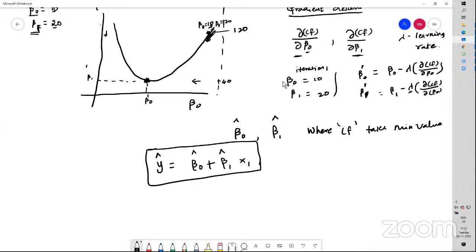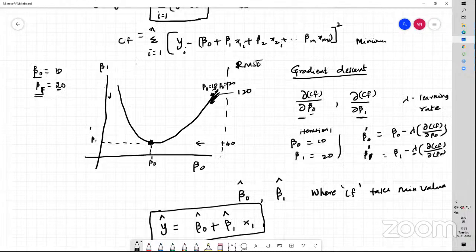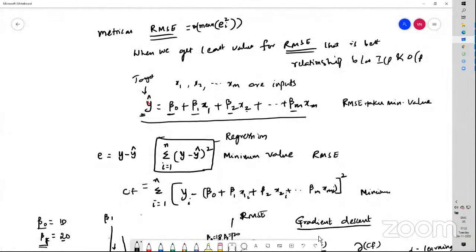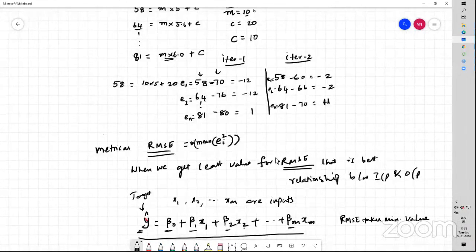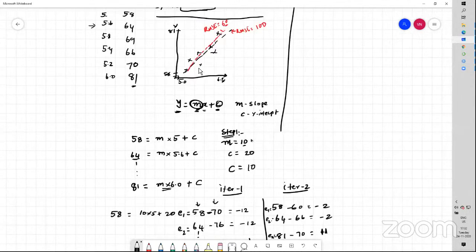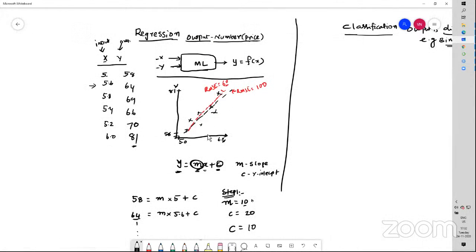This is exactly what is happening inside this simple representation box, which we call ML. Now, what did we choose here? We chose a linear function to represent this.